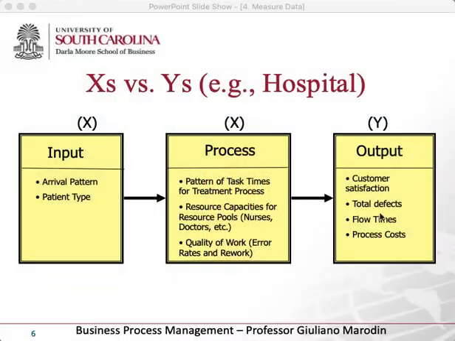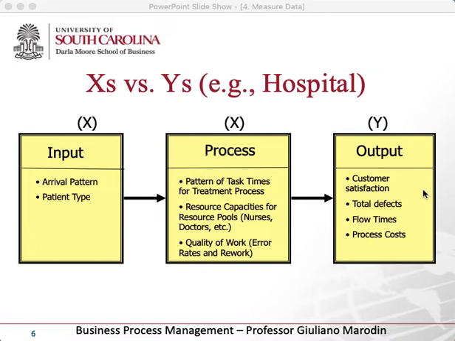So you can use the swim lane that we learned about, you can use spaghetti diagram, you can use all the methods that we already learned, the interviews, the secondary and the primary data collection, observations, and all that. You can use that to try to understand what the important X variables are. So in this case, we can say that arrival patterns and patient type impact those four Y variables, and pattern tasks, resource capabilities, and quality of work also impact that, right?